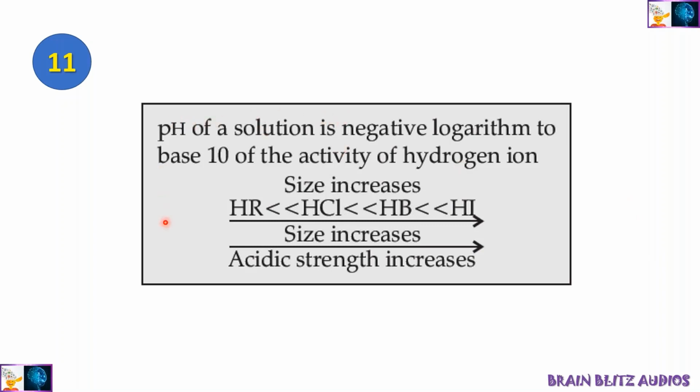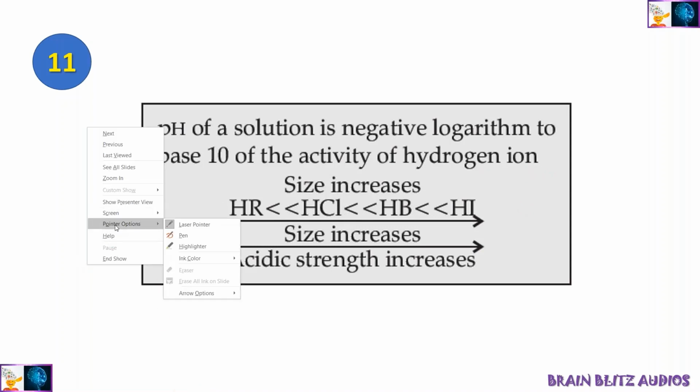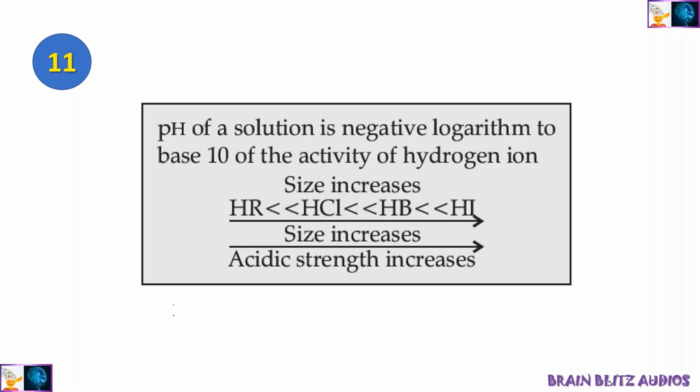Now in here, it says that the pH of a solution is the negative logarithm to base 10 of the activity of hydrogen ion. Now let me write that out for you. pH is negative log [H+].